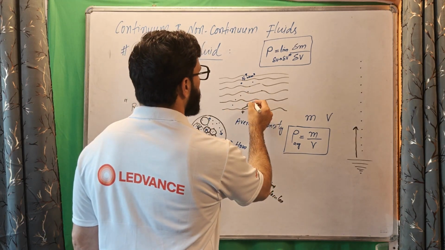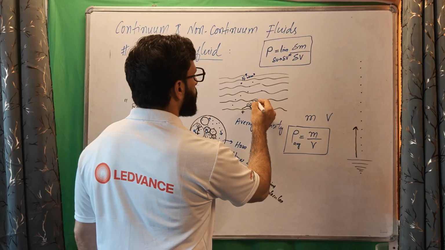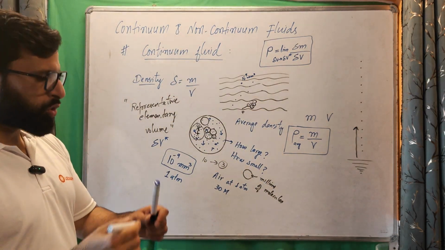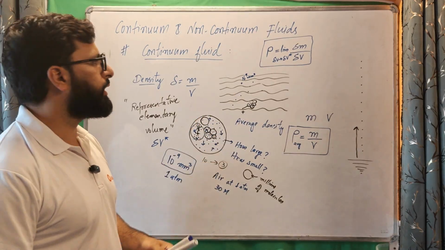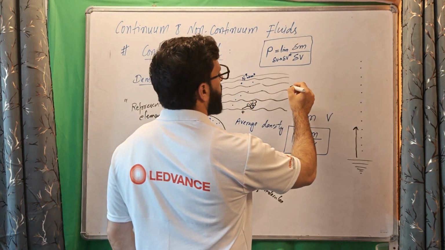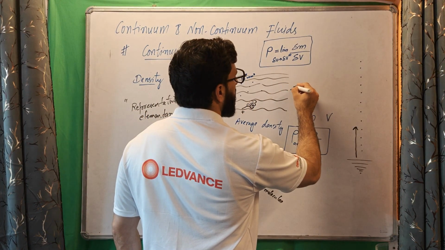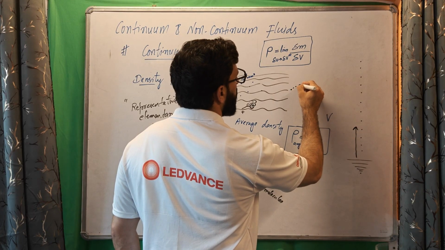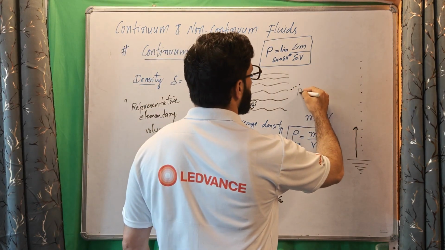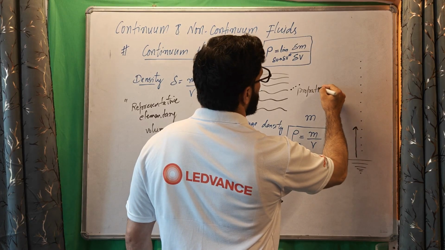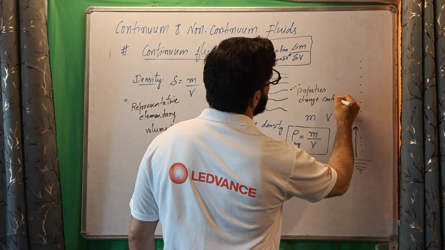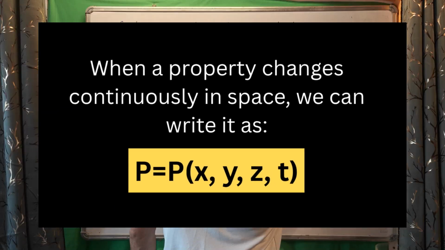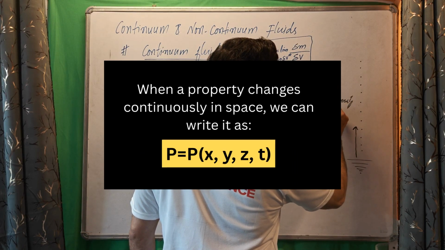So this way we continuously move from one point to another point. So what happens is we are making the fluid a model, defined in a way that properties change continuously from one point to another point. This is important. This way, any property changes continuously from one point to another point.